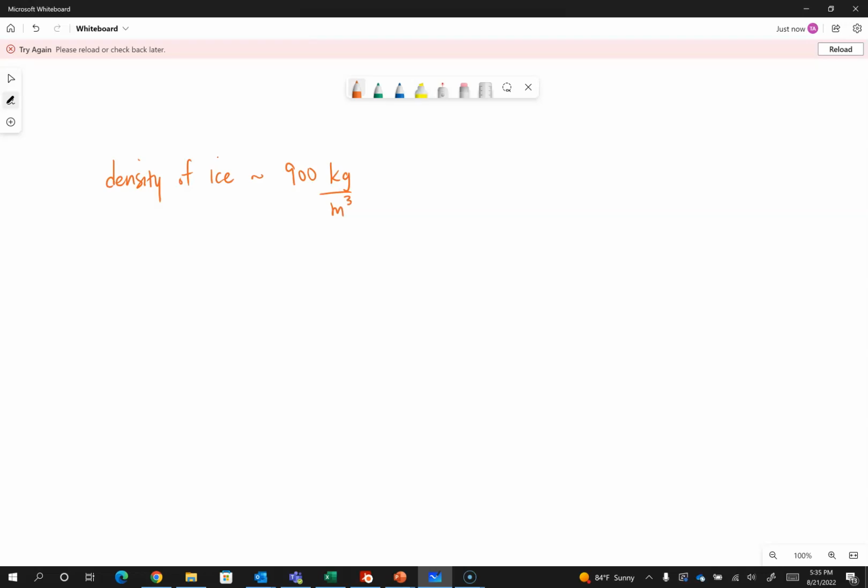So that's already in SI units, because we have a mass, the kilograms, that's a totally SI unit. Meter, even though it's cubed, meters are SI units. So this would be the SI units of density.